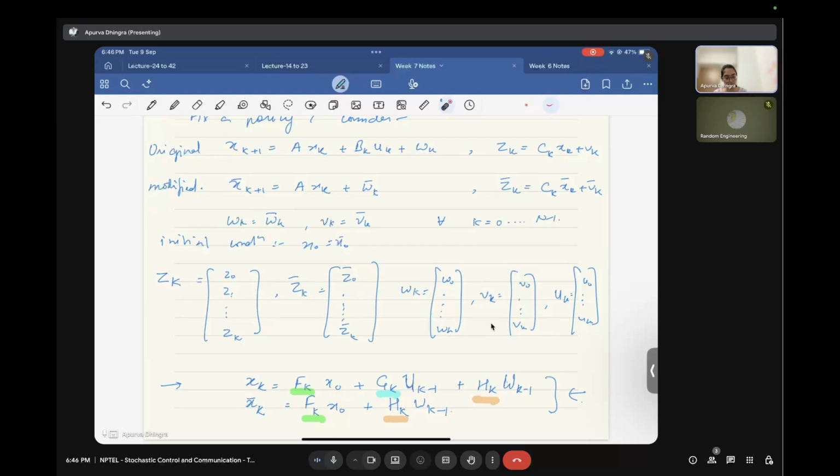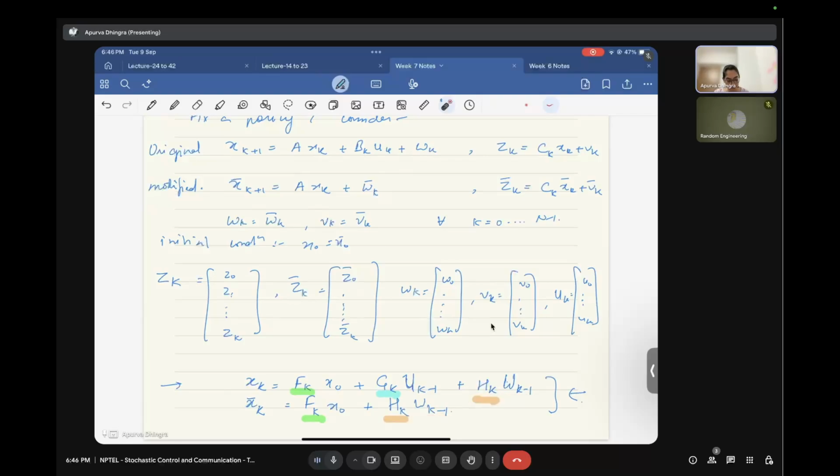And since the initial state is the same in both of those problems, this will be the same, because the original matrix is also the same. While this effect will only show up in the original game in the form of some G k, and it will not show up in the modified version. But because the noise is getting added, accumulated step by step, that shows up in the following way.